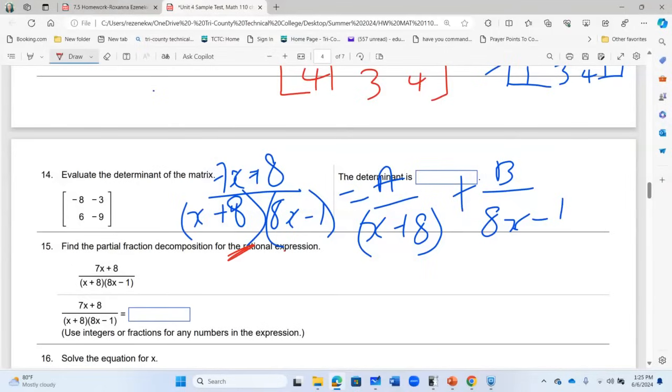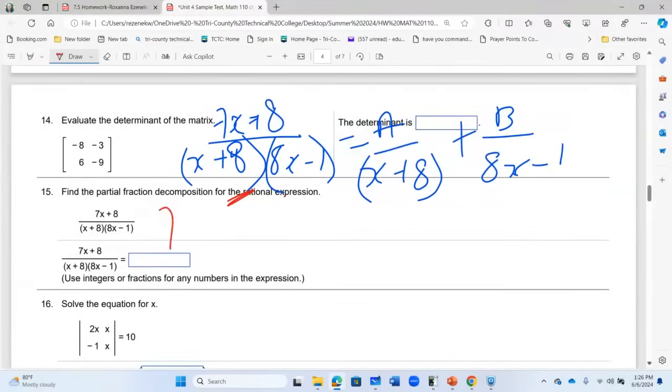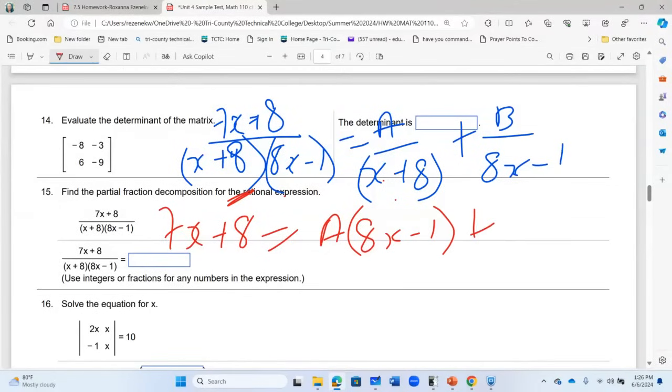When I multiply both sides by this quantity, the left-hand side will remain 7x plus 8. And if I multiply A by this quantity, the remainder is going to be A times (8x minus 1). If I multiply this quantity, then this one and this will clear. So I have B times (x plus 8).